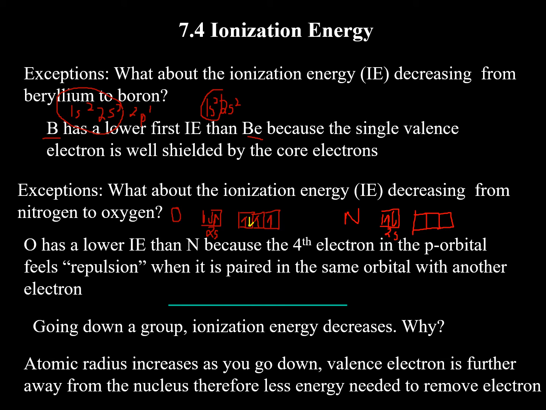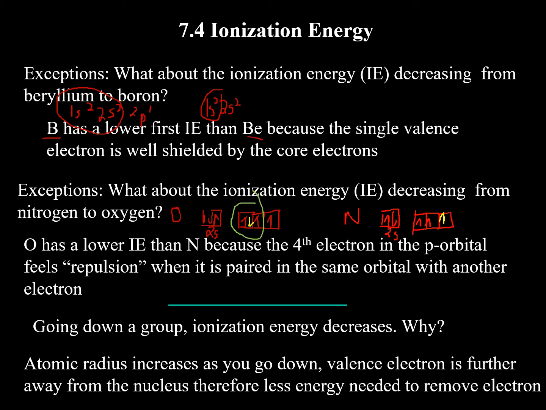So we'll go 1, 2, 3. So the question is, it is easier, or lower ionization, to remove the yellow one for oxygen.